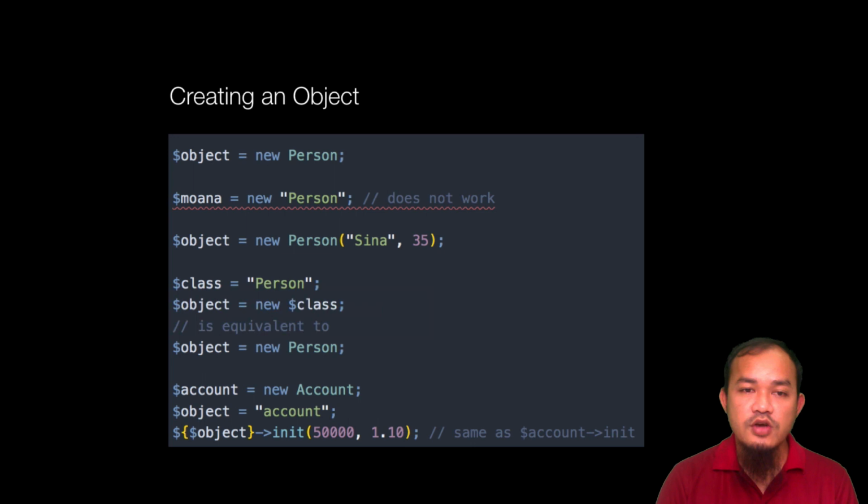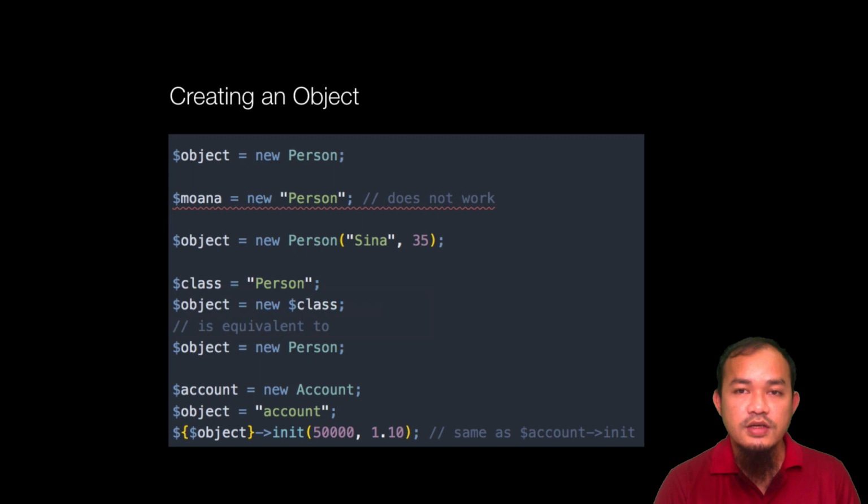If you write $object equals new Person with two arguments, such as a name and 35, this works, because it sends two arguments, but the arguments must also be available in class Person, otherwise it will not work. We can also set $class equal to Person and use that as a reference to the class: $object equals new $class.